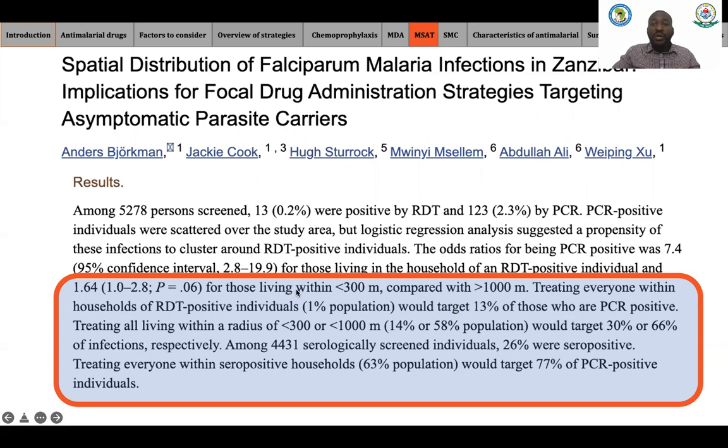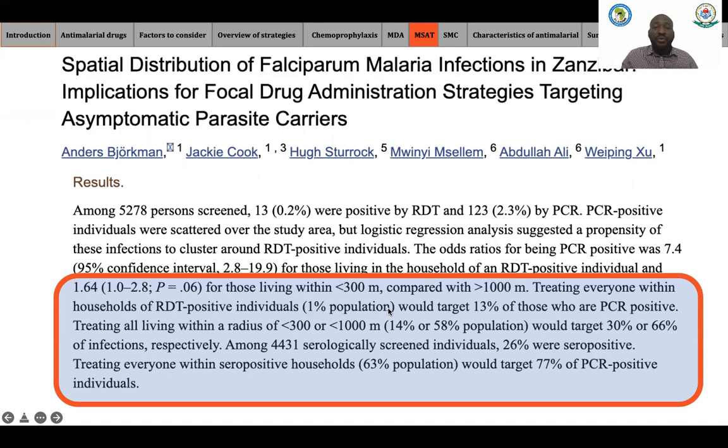And for people who live within 300 meters, the odds ratio is 1.6, compared to the people who live more than 1,000 meters, or a kilometer, away. So treating everyone within the household would be useful, but you only target 1% of the population.